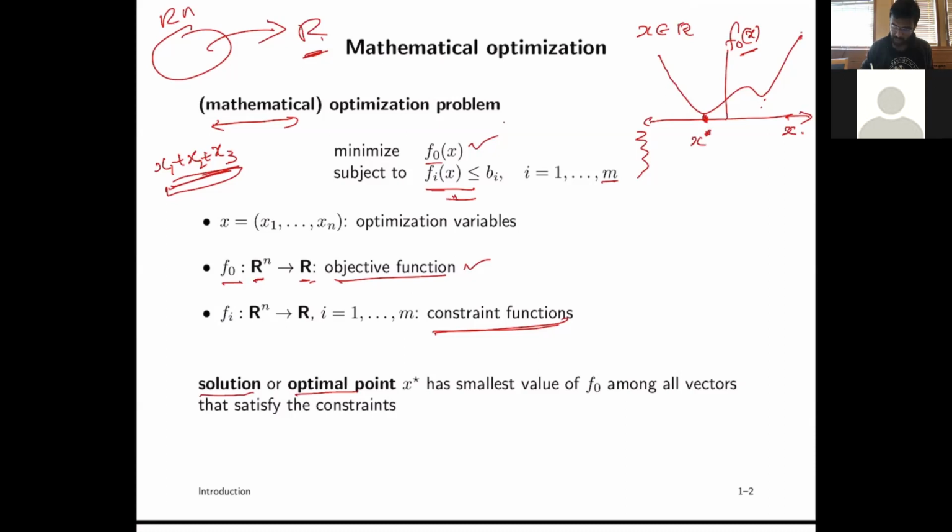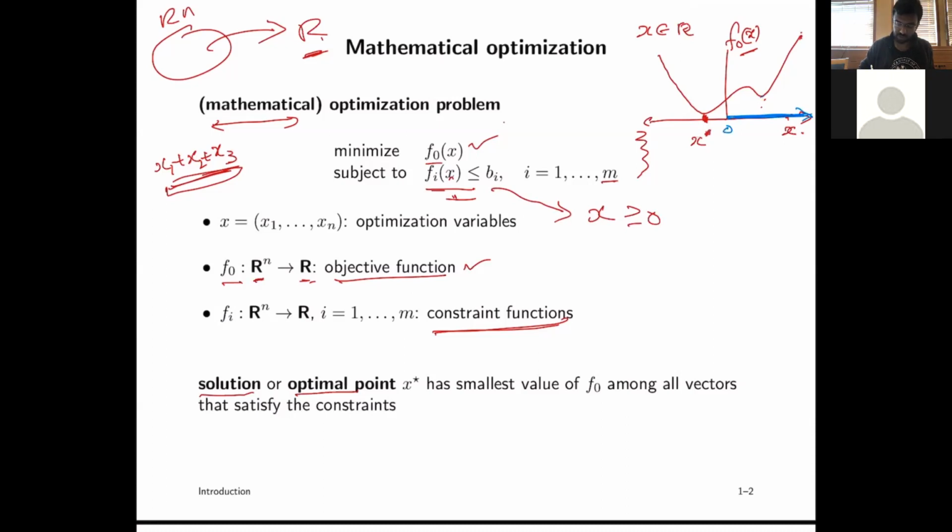Now I am adding a constraint here. My constraint is x greater than or equal to 0. In this case, what my constraint says is that you can only see this side of the graph, because x is greater than 0. Here we have 0. In this case, what will be the minimum?